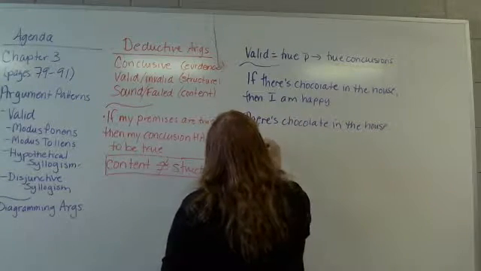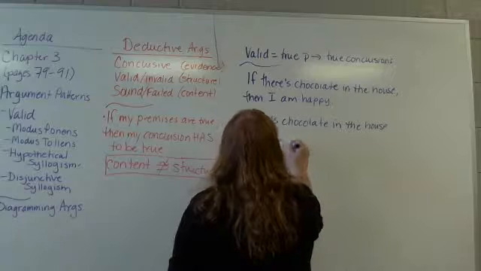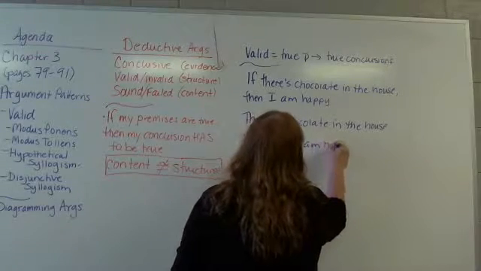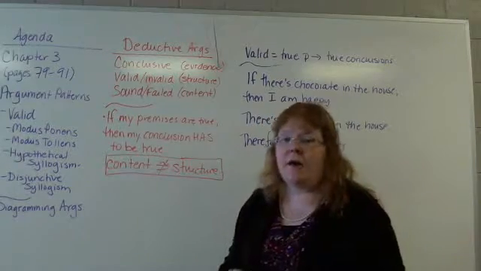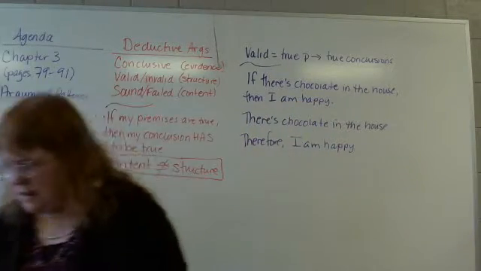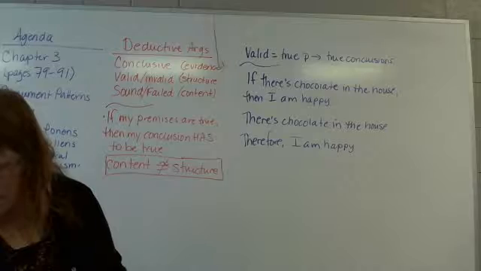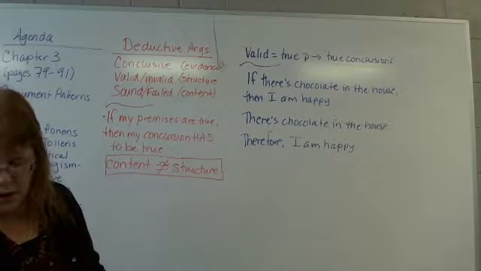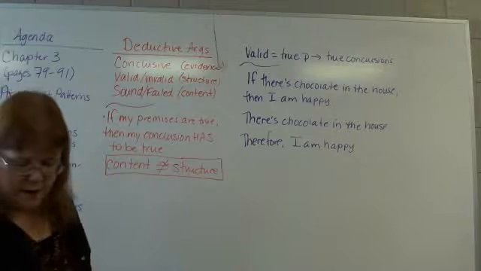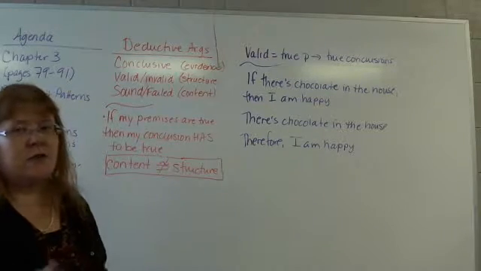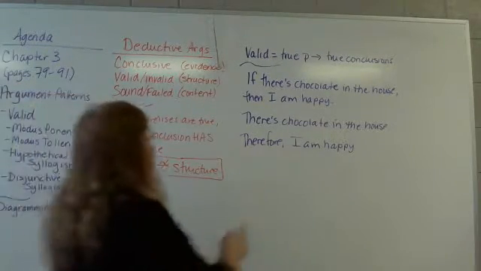My conclusion, therefore, I am happy. Again, not a fabulously thought out or complex kind of structure or argument at all, but it does give me a little bit of room to work with, okay? It's easier to see the structure if we're not too worried about the content.